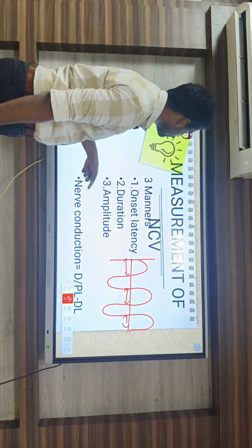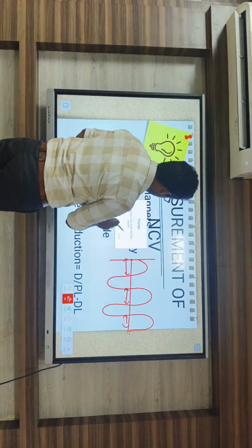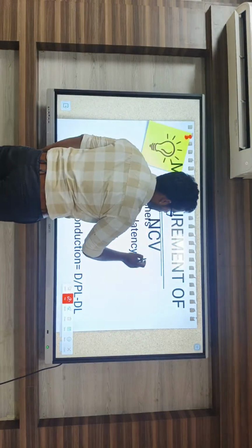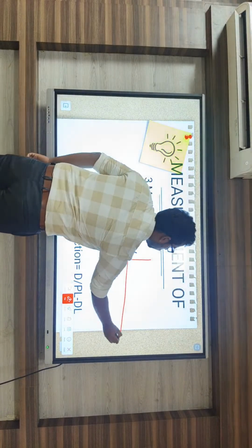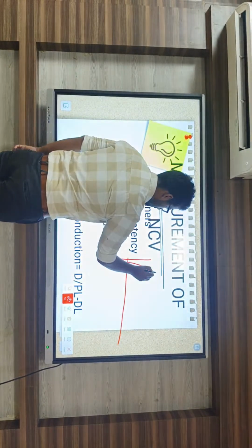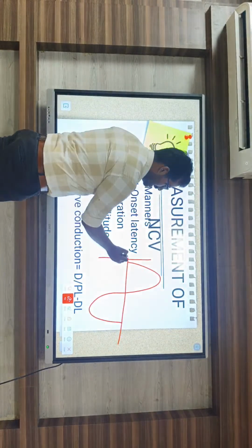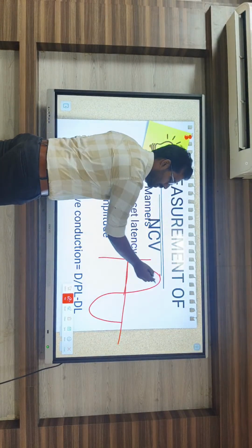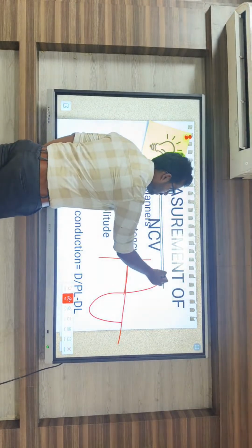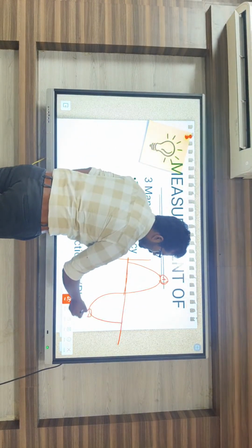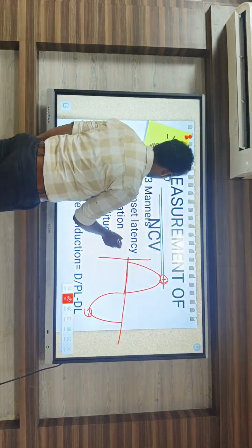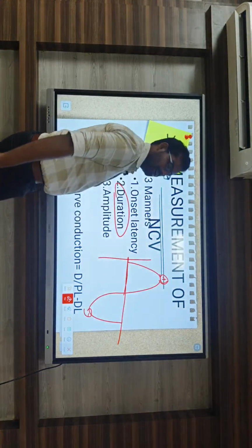So how are we going to calculate the duration? Yes. So this is the base level and this is the peak level, and this is the positive peak level and this is the negative peak level. So we are going to identify that as the duration.